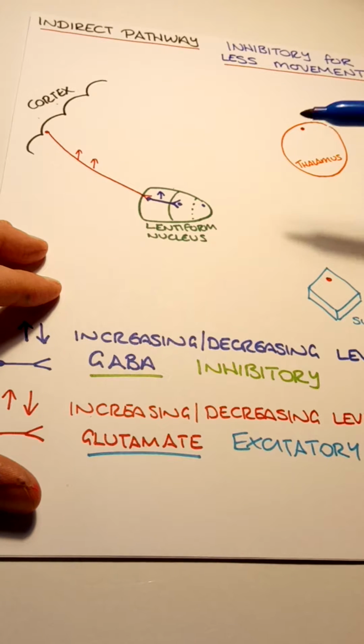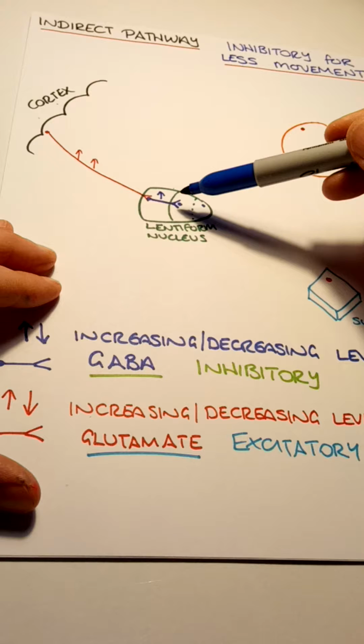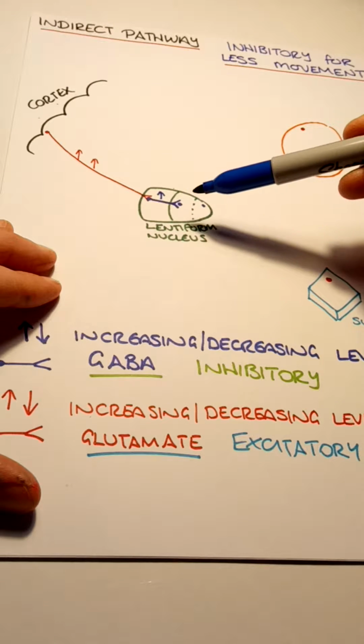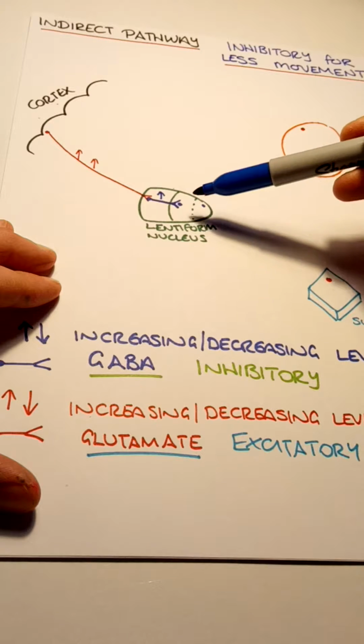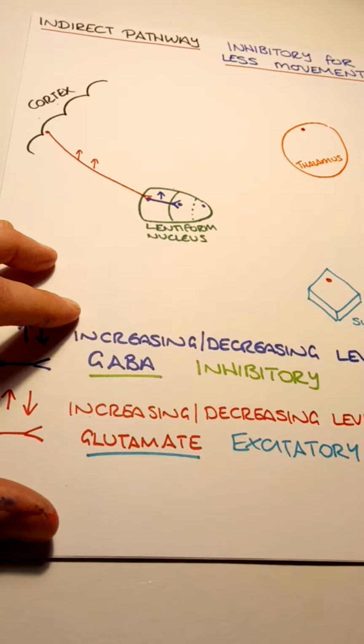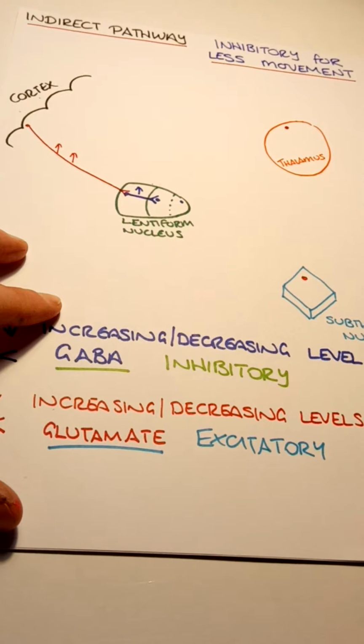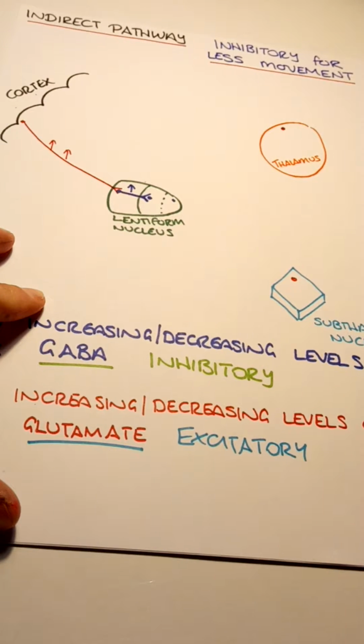neurotransmitter. This is where it's different from the direct pathway. This neuron just goes as far as the globus pallidus externus, where it synapses again. And this is the indirect part of it. We have to take a diversion.